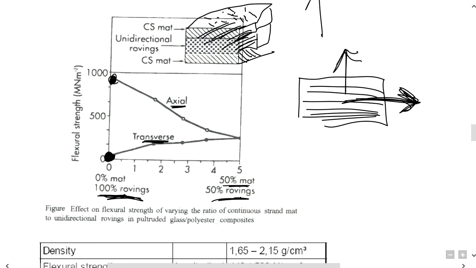As you increase the amount of chopped strand mat, you can increase the transverse loading strength, while you significantly decrease the axial loading strength. So your axial loading strength is greatly reduced if you have 50% mat and 50% roving. So you need to adjust it such that it is pretty good.